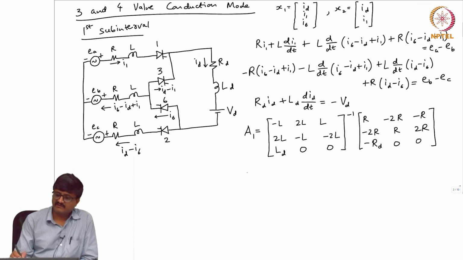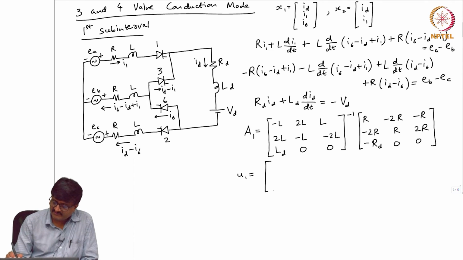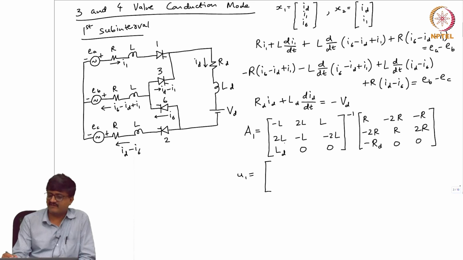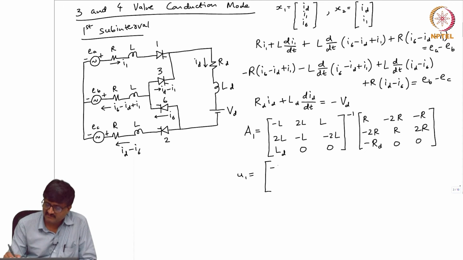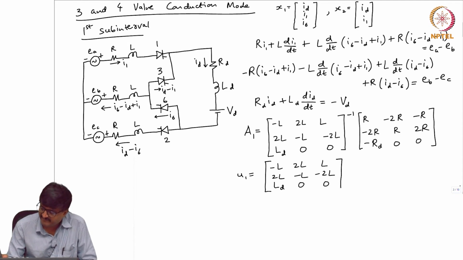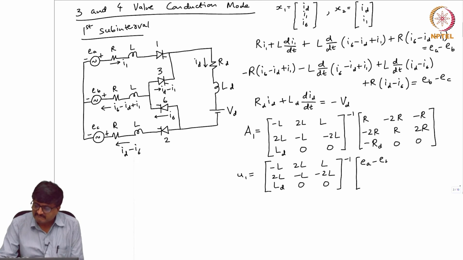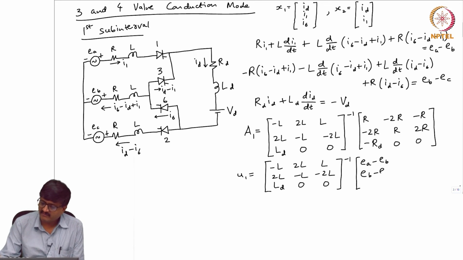This is A1, and U1 is the same first factor that is appearing in A1, that is the inverse of [minus L, 2L, L; 2L, minus L, minus 2L; LD, 0, 0] into [EA minus EB; EB minus EC; minus V].